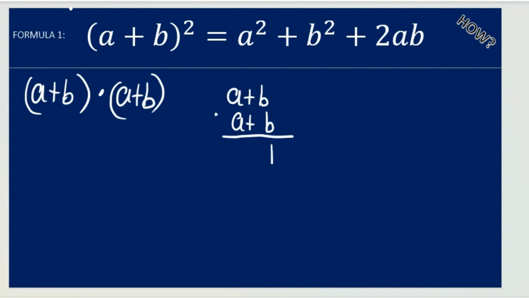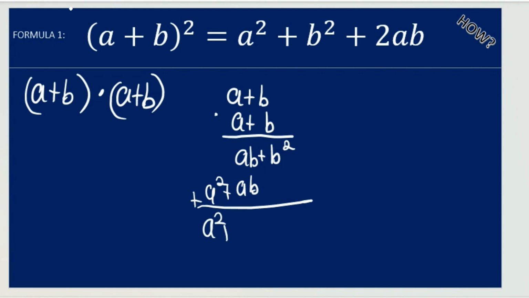B times b is gonna be b squared. B times a is gonna be ab. A times b is gonna be, well, ab again. Then a times a is gonna be a squared. Now I just got to add. So a squared plus 2ab plus b squared.